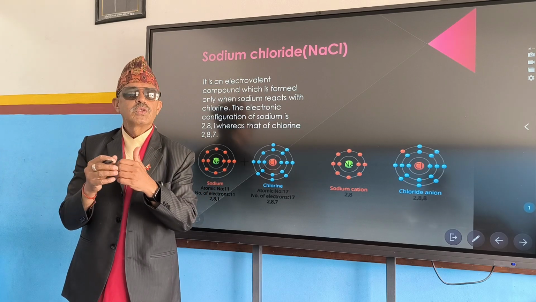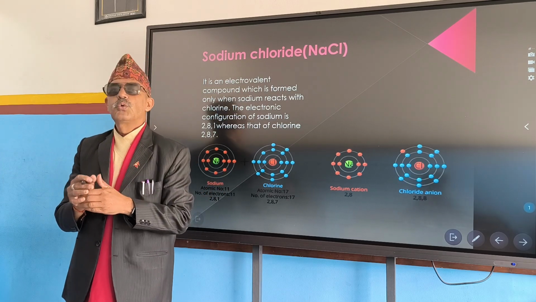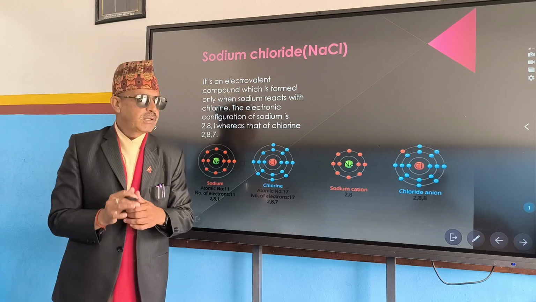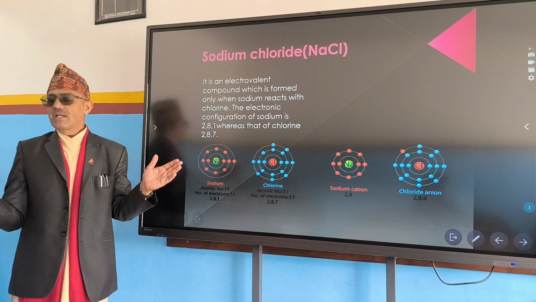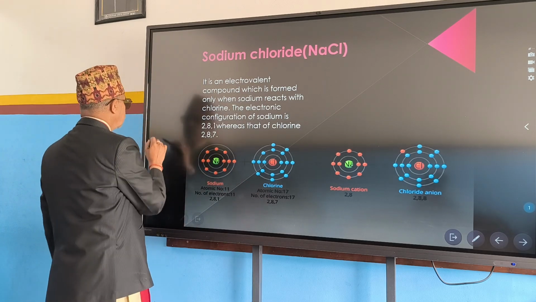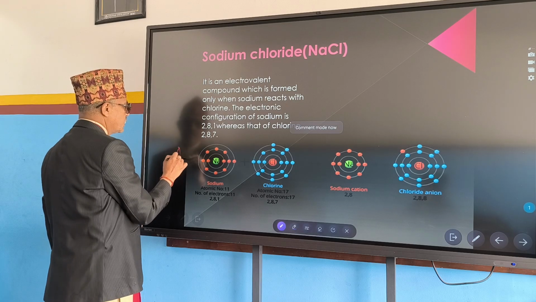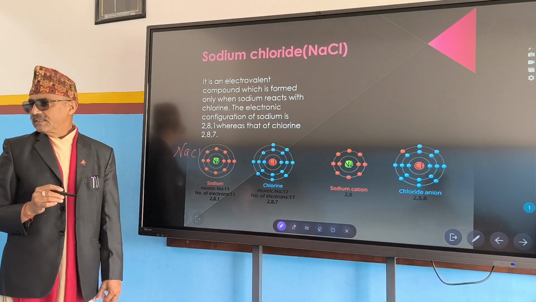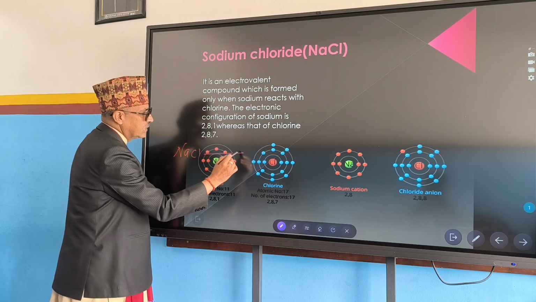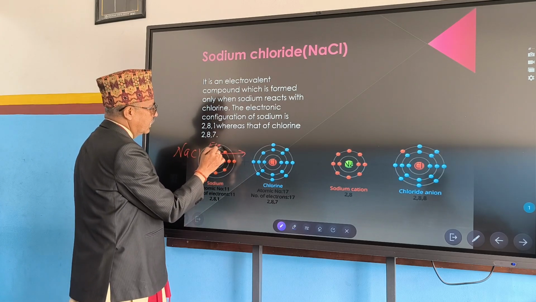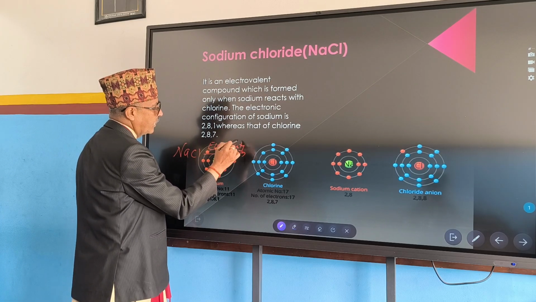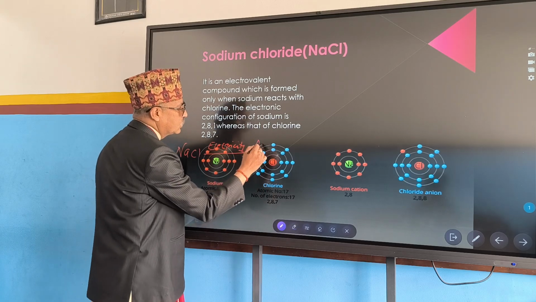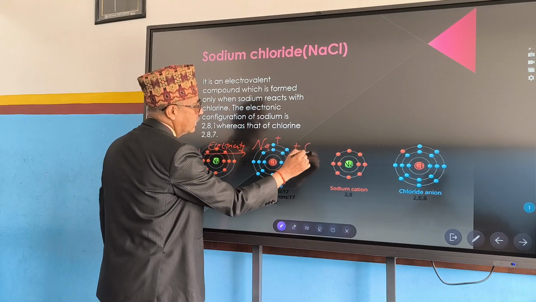Salty water is a good conductor of electricity because it breaks down into ions. If there is presence of NaCl, when electricity is supplied, it changes into Na plus and Cl minus.